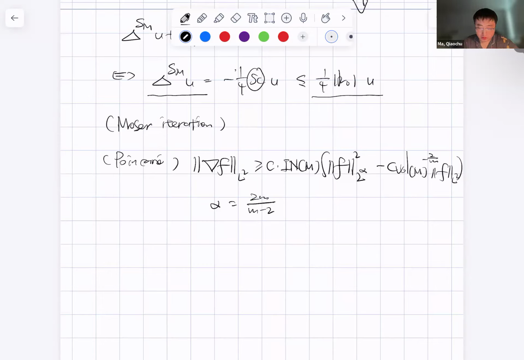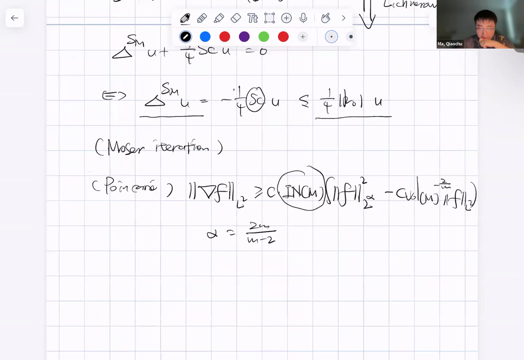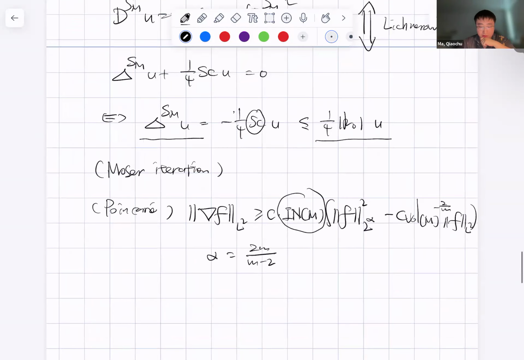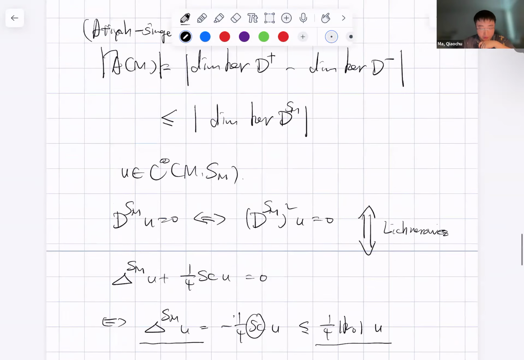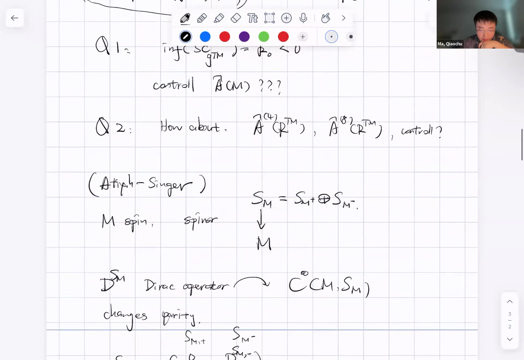So using this inequality, we can iterate the above inequality to finally get the L infinity estimate. And in this procedure, you cannot avoid this isoperimetric constant. Okay, so we partly answer the first question. Then go back.